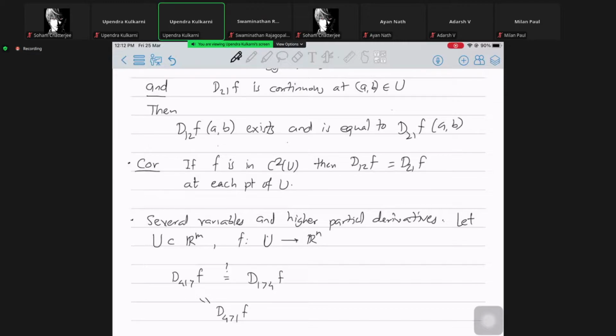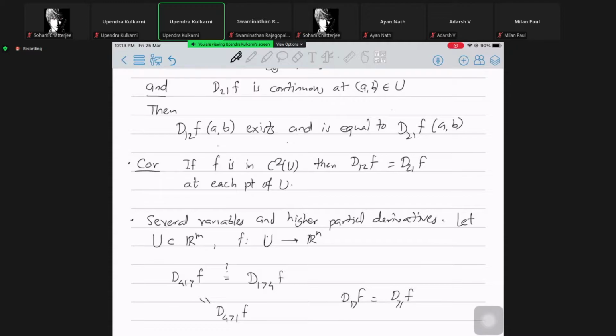Right. So you see, if I just want to say that D17 f is equal to D71 of f, just for that, f being C^2 is certainly enough, right? But then if I want to take the partial derivative with respect to the fourth variable, then I need that partial derivative to exist.